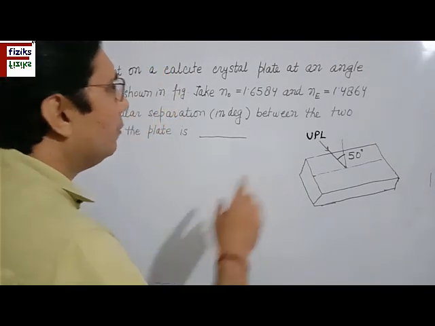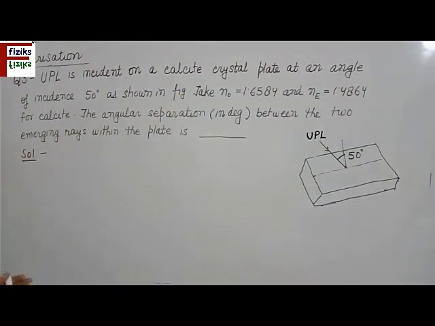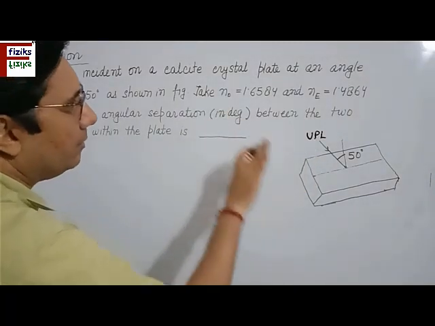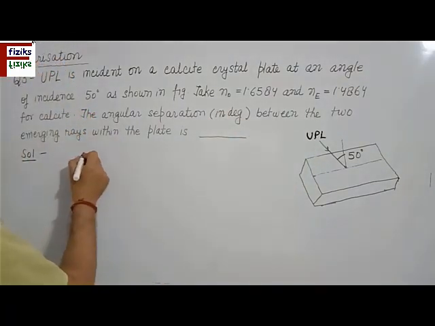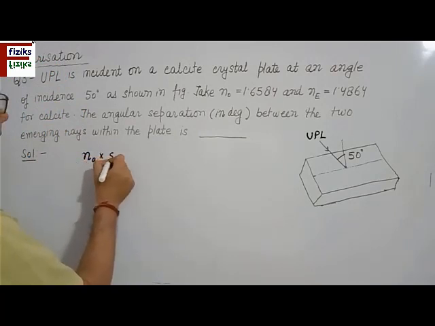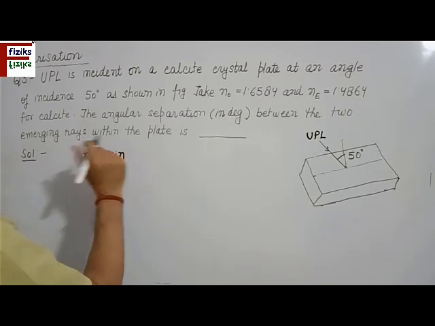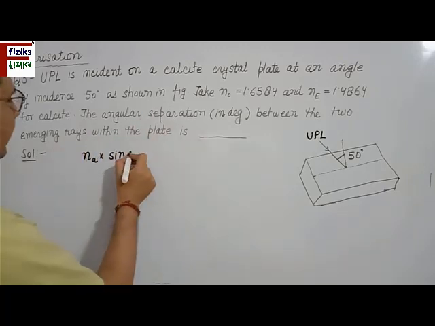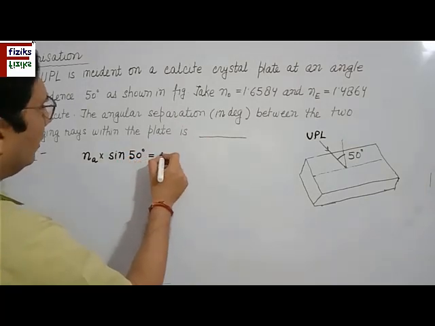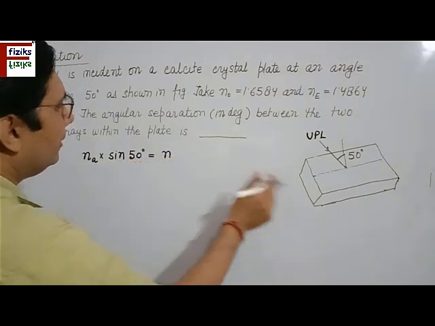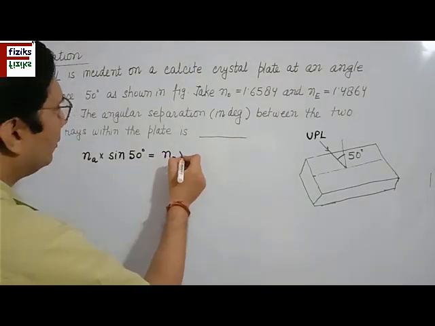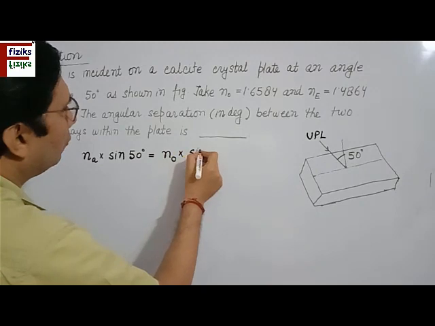First I am considering O ray. So for O ray, apply Snell's law. The first medium is air medium. From air medium, unpolarized light is incident. So NA, refractive index of air, into sine of angle of incidence, which is 50 degree, will be equal to refractive index of the medium for ordinary light into sine RO.